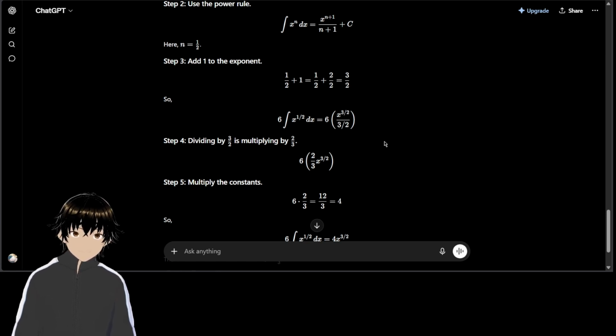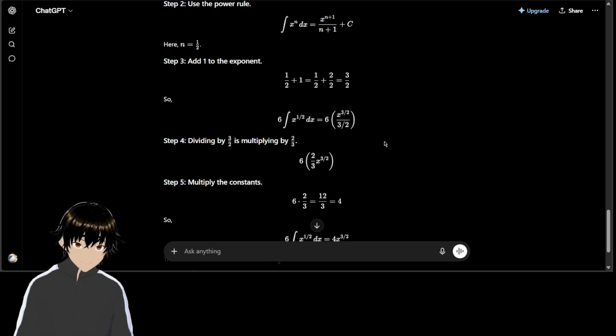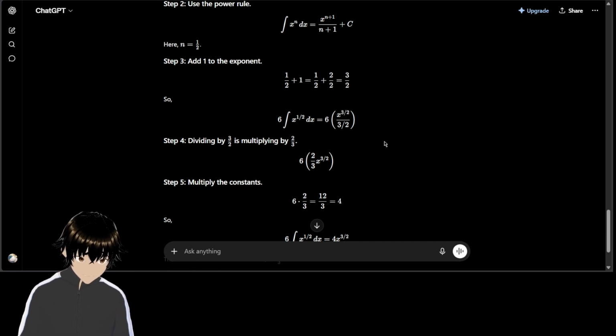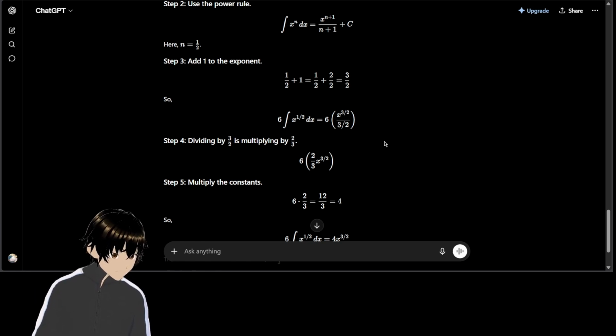How the hell did I... dividing by 3/2 is multiplying by 2/3.